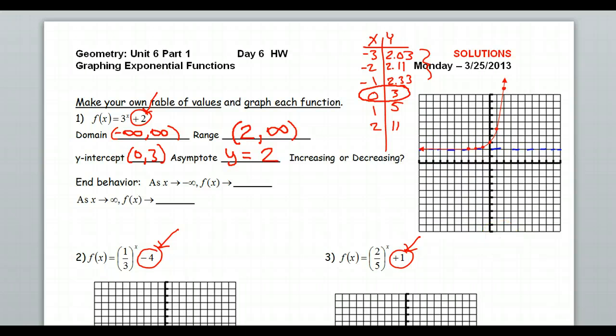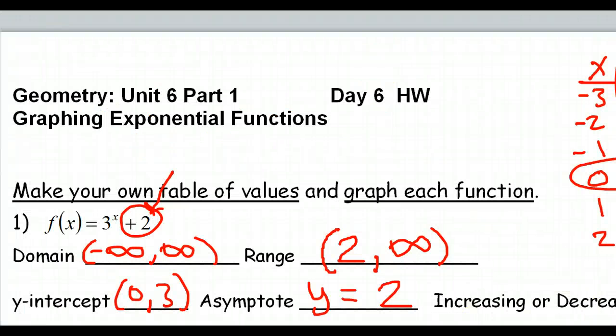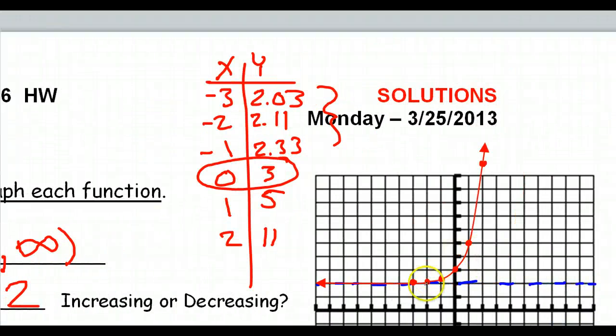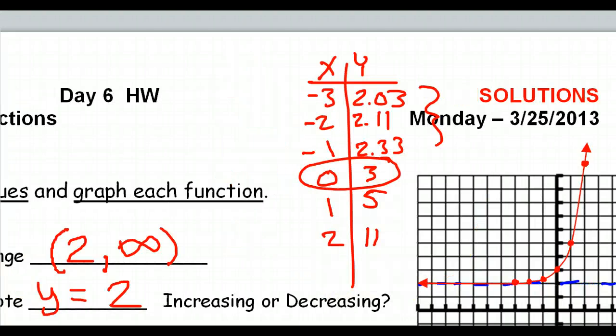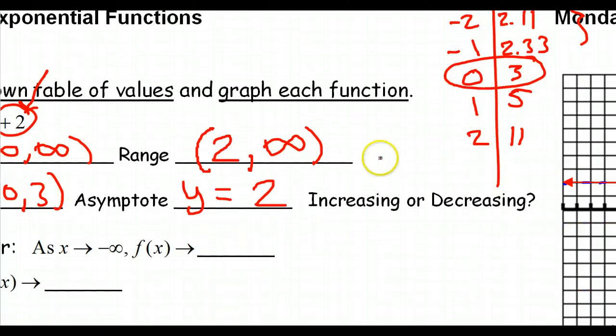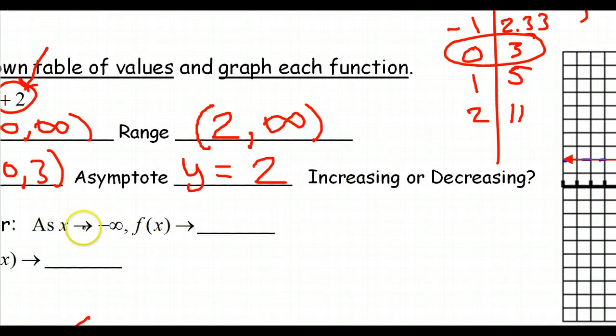Now, as this graph goes to the left, what happens? Well, as we discussed, because of the asymptote, as the graph goes to the left, it gets closer and closer and closer to 2. It approaches 2. So the end behavior, if you will, is as the graph goes to the left, the y value approaches 2.